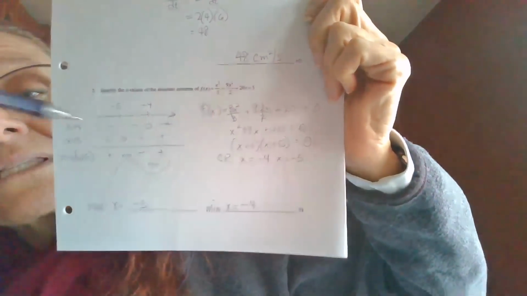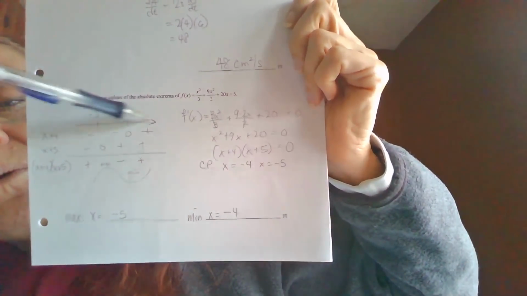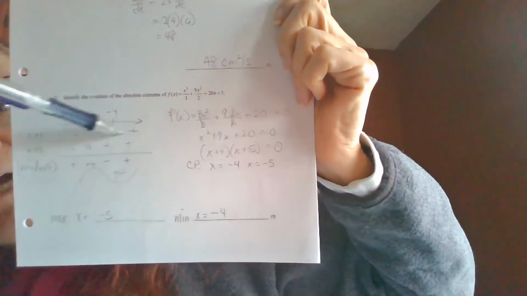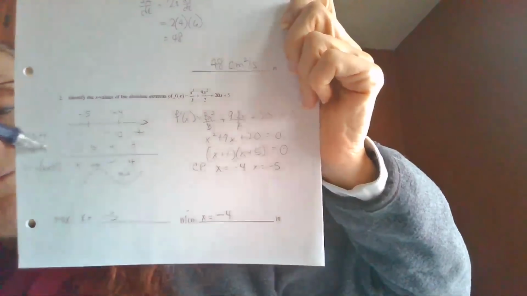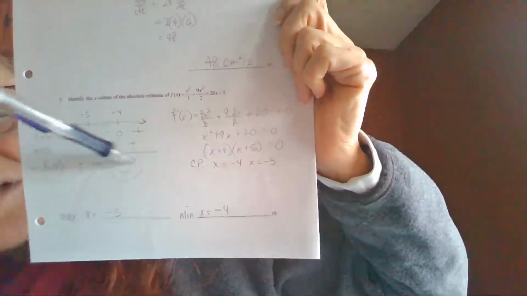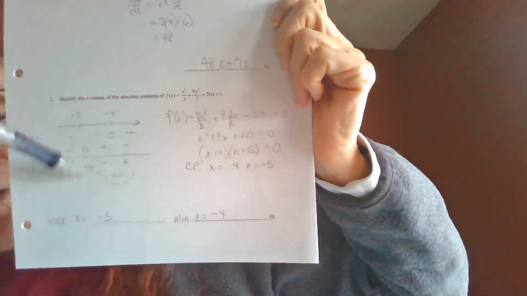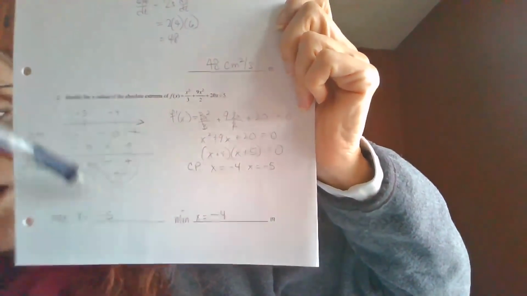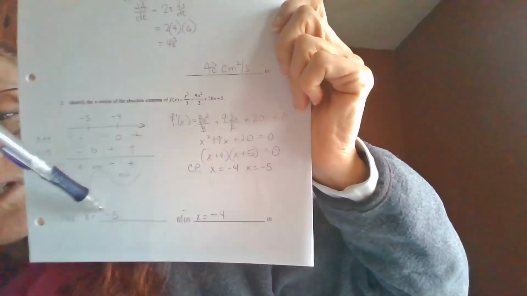You get your critical points, and in this case it was appropriate to use a sign chart to figure out where I was positive or negative. Then, depending on how the signs were changing, like we looked at earlier in the graph, that tells me which one was the min and the max. You only had to find the x values. If you needed the ordered pairs, you would plug the x values back into the original function. Don't plug them back into the derivative because you just get zeros.